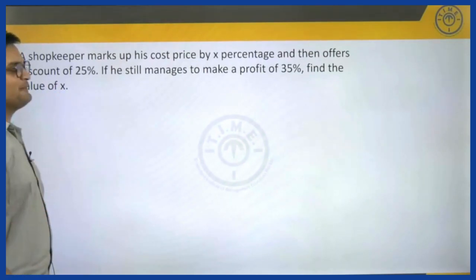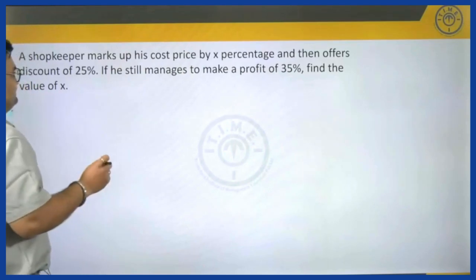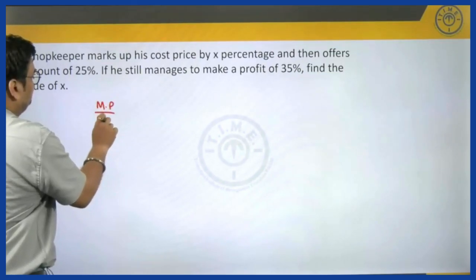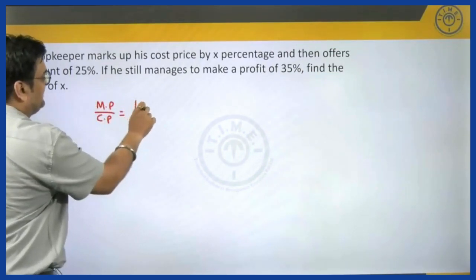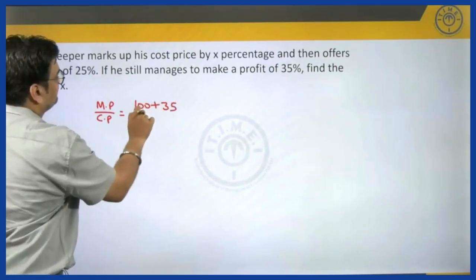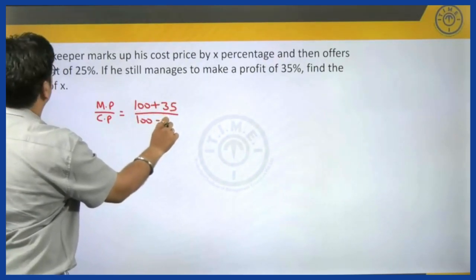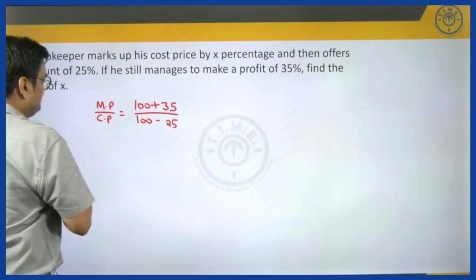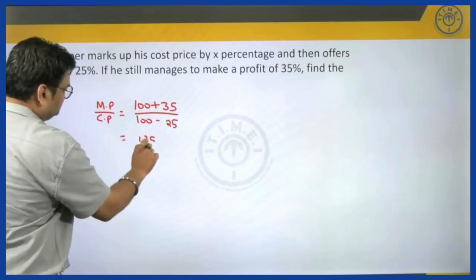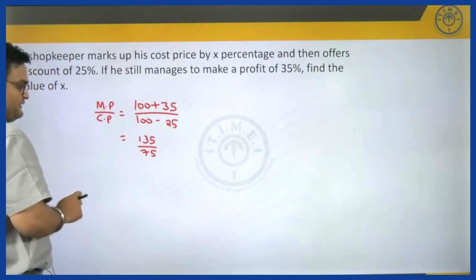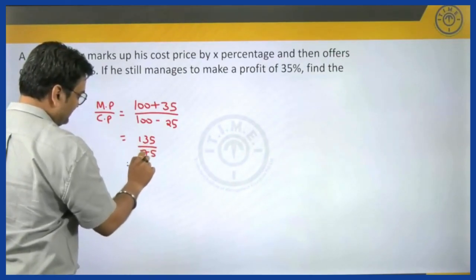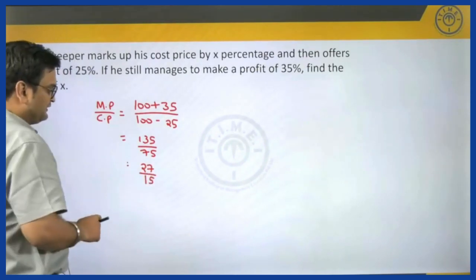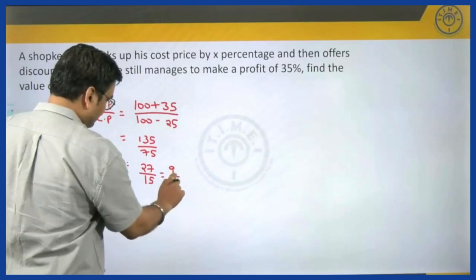If he still manages to make a profit of 35, find the value of X. So mark price by cost price is equal to 100 plus P by 100 minus D. So this is what, 135 by 75, alright. So when you simplify this, it's going to be 27 by 15, if I cancel out a 5, and further we can write as 9 by 5.